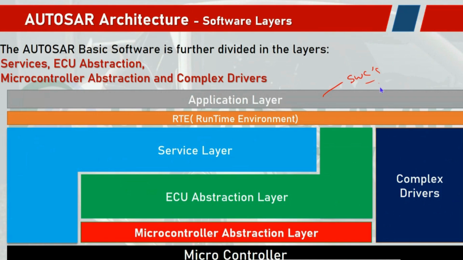The SWC interacts with the RTE, which acts as an intermediary between the application and lower layers. So the data exchange happens from the application to the RTE and the other lower layers.